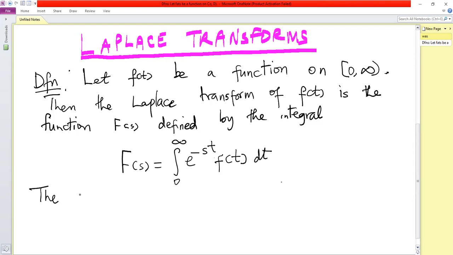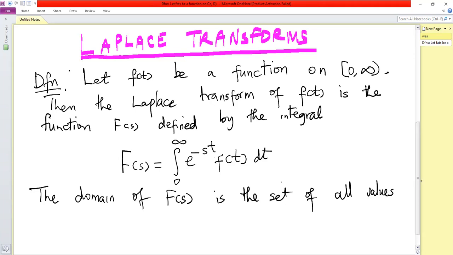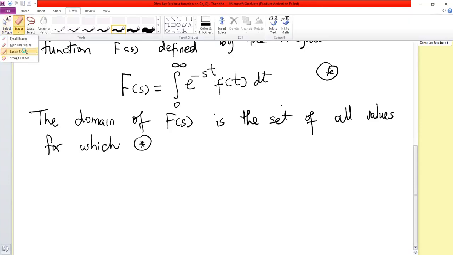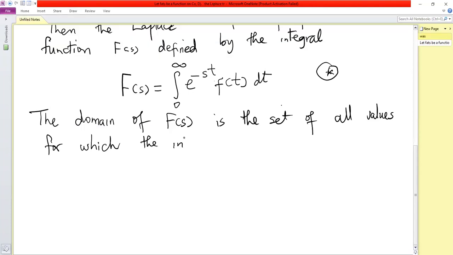The domain of F of s is the set of all values of s for which the integral given, if we call this star, exists.